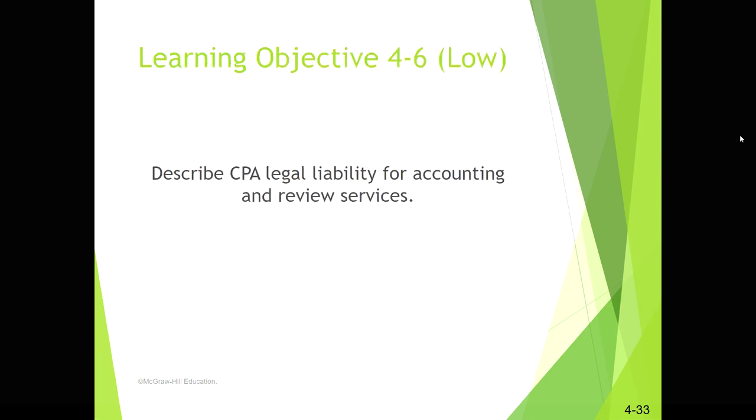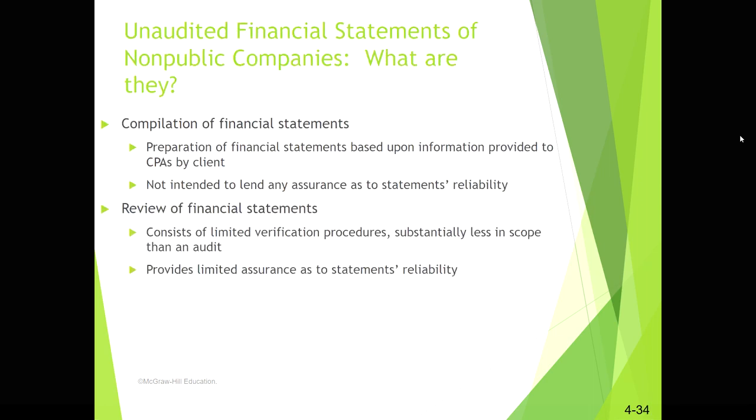And then the last learning objective is legal liability for accounting and review services. I'm not going to spend much time here, if any time really, just recognizing that there is some additional guidance out there related to things like compilations and reviews, and those are lower levels of assurance, and compilation is not assurance at all, right?